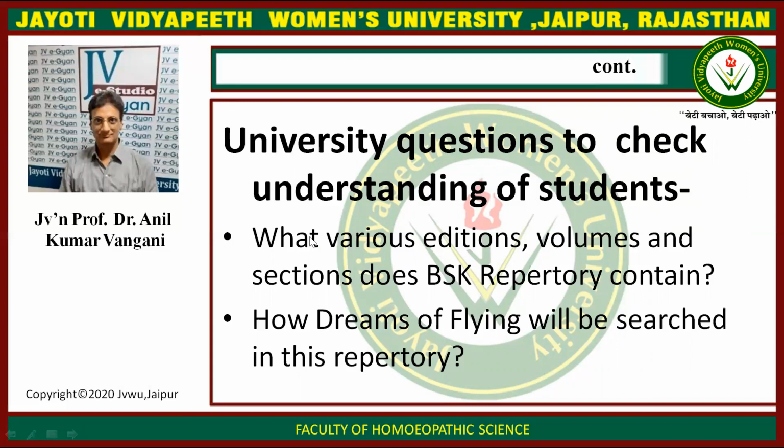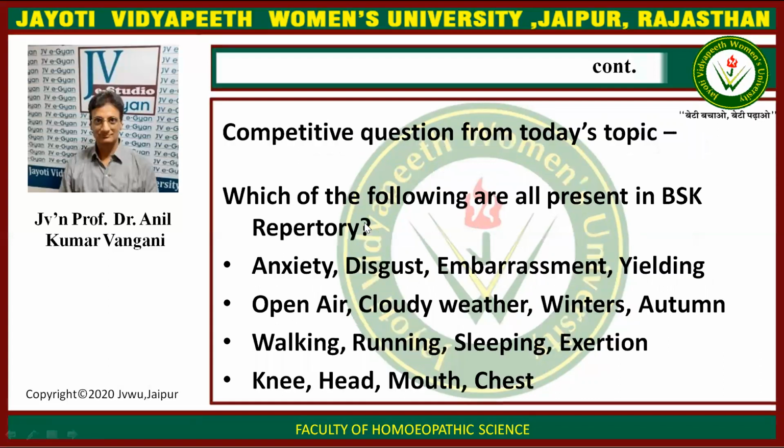The first is, what various editions and sections does Boger Synoptic Key contain? The second question is, how will dreams of flying be searched in this repertory?